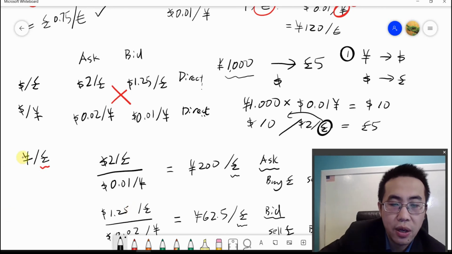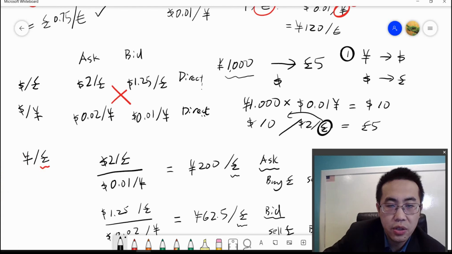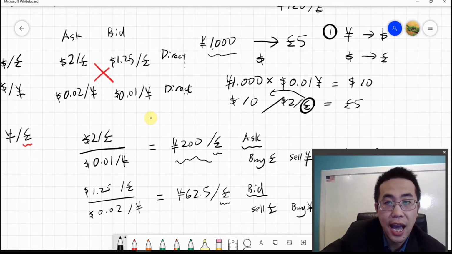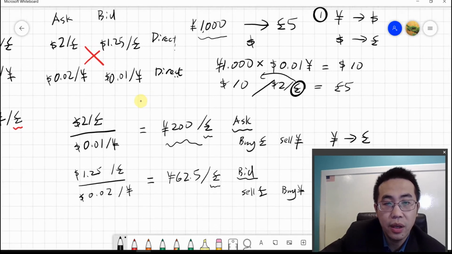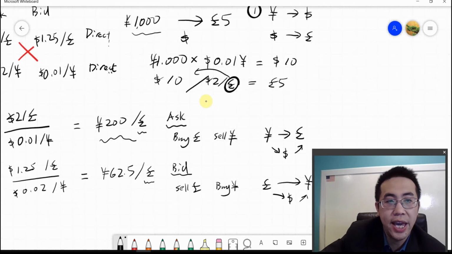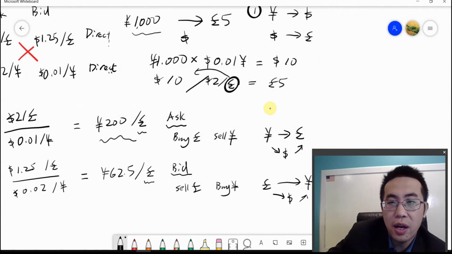In the cross rate we calculated earlier, which is 200 yen per pound, you can just directly use that, since this is an ask price for each pound in the price of Japanese yen. So with 1,000 yen, this is about buying British pound.